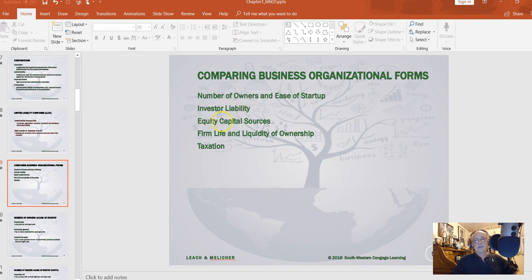And how much liability, how much equity you have, how long, and of course, the life of the firm and how easy it is to liquidate the ownership, and of course how much taxation you want to deal with. So these are all important aspects of a corporation.